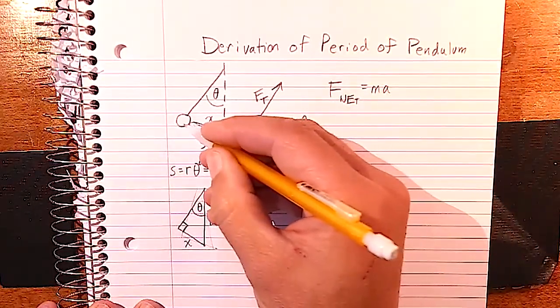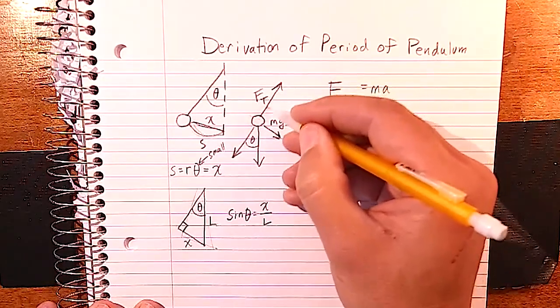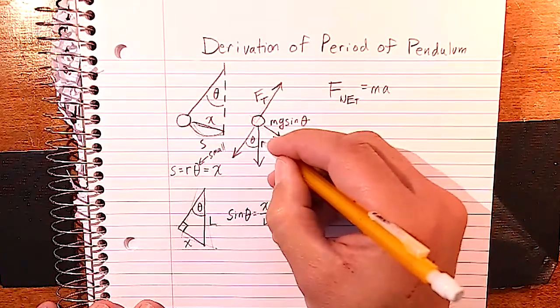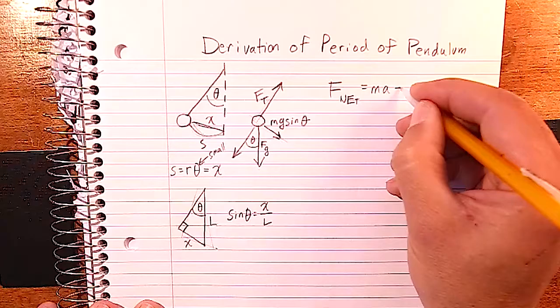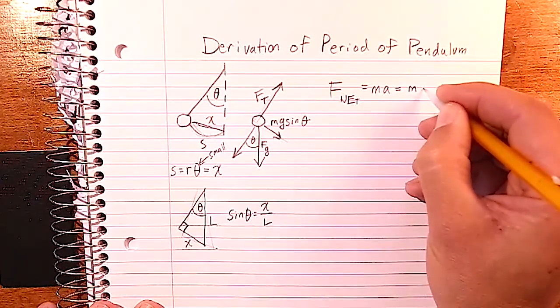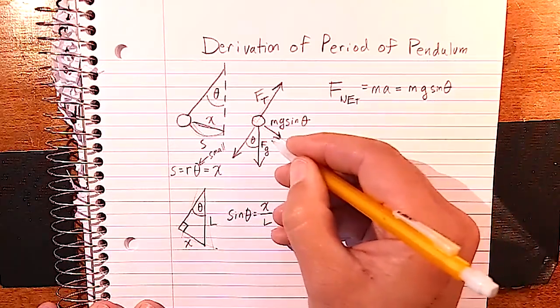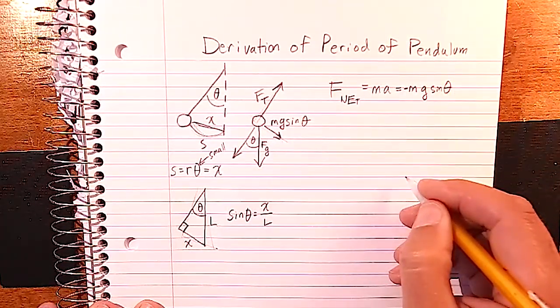Well, what forces are accelerating this? Well, that's the force that is perpendicular to this force of tension, and that's going to be the component of the force of gravity, which is going to be mg sine theta. So we can say ma is equal to mg sine theta, and this force is opposite the displacement, so we need to put in a minus sign.